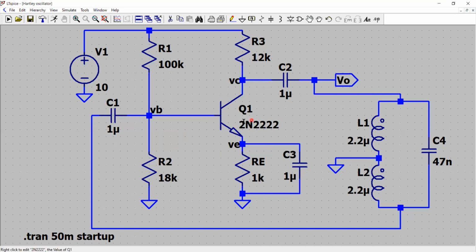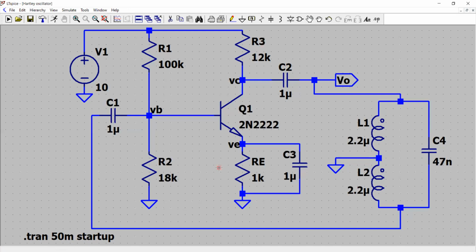Basically the circuit is biased in a common emitter mode. Resistor RC is actually the resistor R3 here, which is providing the gain to the transistor. Without the emitter resistance, the gain of the circuit is the transconductance of the transistor Q1 multiplied by the value of this resistor, gm times RC. Here it is R3.